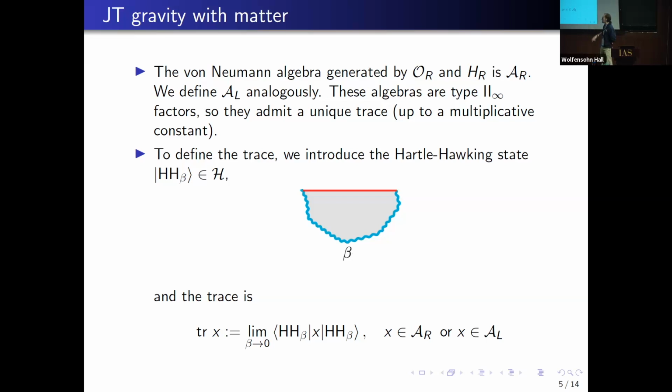And on this red boundary over here, we fix this boundary to be a geodesic with a renormalized length L. And we also specify boundary conditions that correspond to the state of the matter theory. And then in the bulk, it's just a constant hyperbolic space. So we do this Euclidean path integral to prepare the Hartle-Hawking state. And then the trace on this algebra is just defined to be the expectation value of an operator in the Hartle-Hawking state in the limit that beta goes to 0.